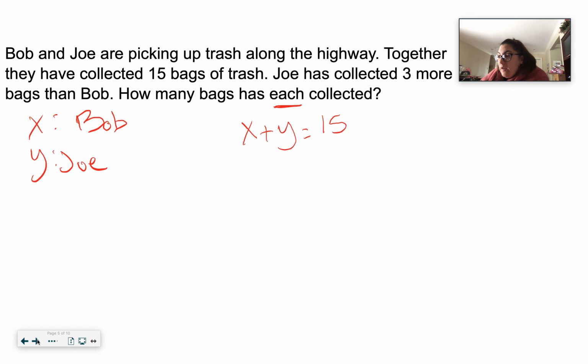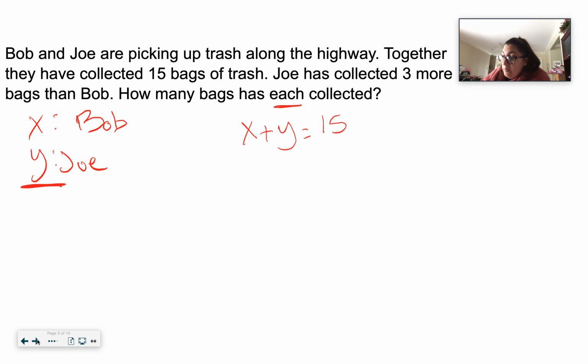Then the third sentence says Joe has collected 3 more bags than Bob. So Joe, what variable does Joe represent? Remember, he represents y. Okay? So what equation would you write for Joe? So remember, Joe has 3 more bags than Bob.